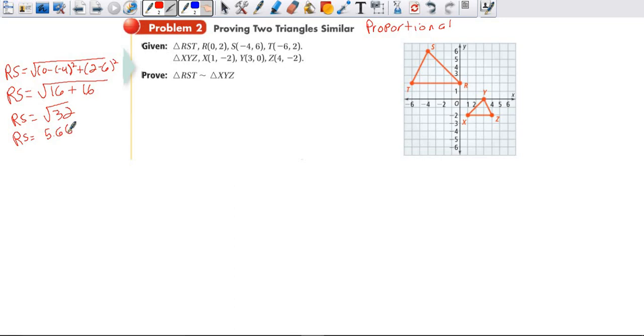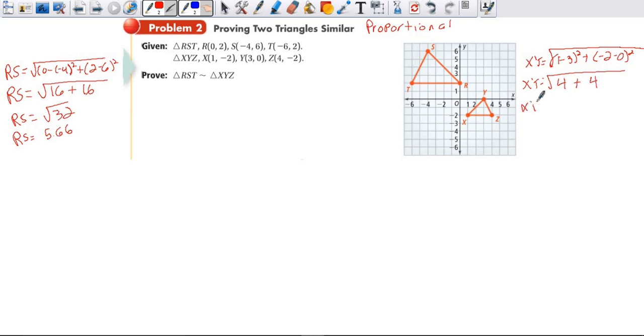All right? Now, we need to do the same thing for XY. So over here, I'm going to do XY, and we get the square root of, my two x's are 1 and 3, so (1 minus 3) squared, plus my two y's are going to be -2 and 0, so (-2 minus 0) squared. So we get that XY equals 1 minus 3 is -2, -2 squared is 4. All right? -2 minus 0 is -2, -2 squared again is 4.